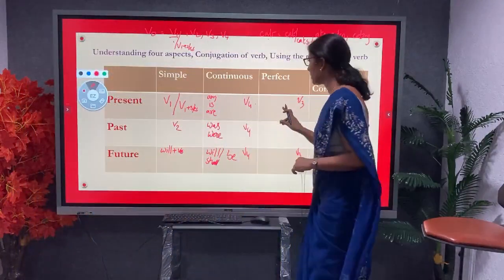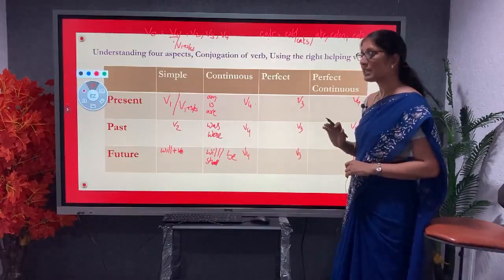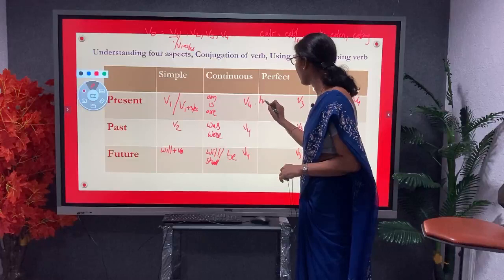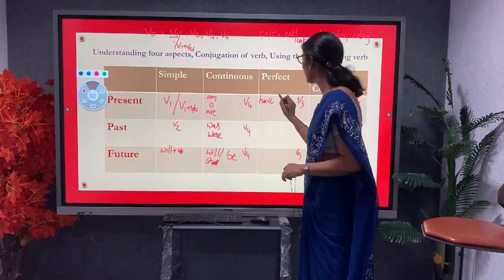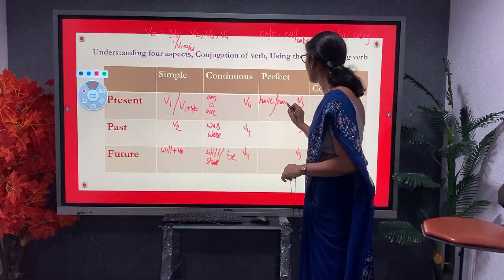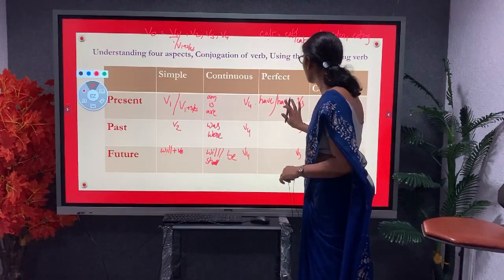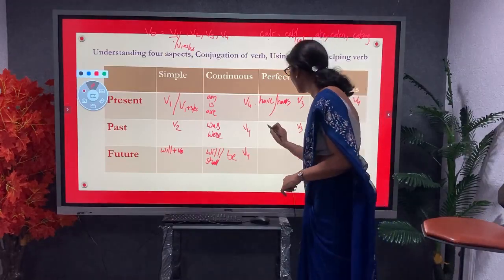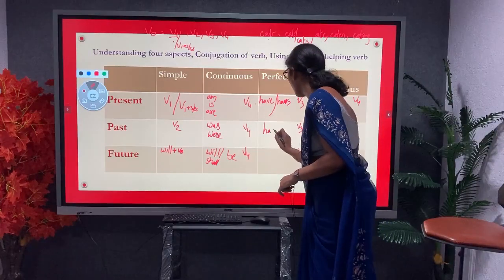Now let us take perfect. Present perfect: present tense means have. For plural we take have, for third person singular we take has. For past perfect we take had.